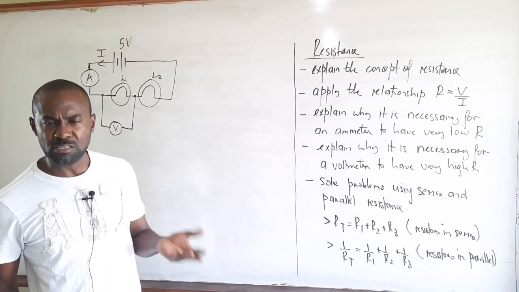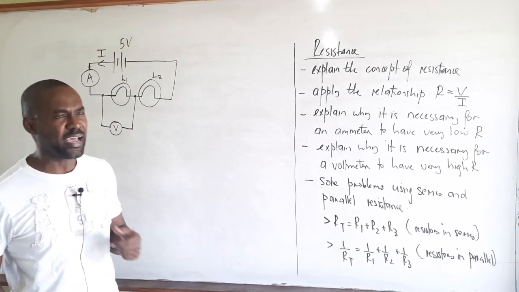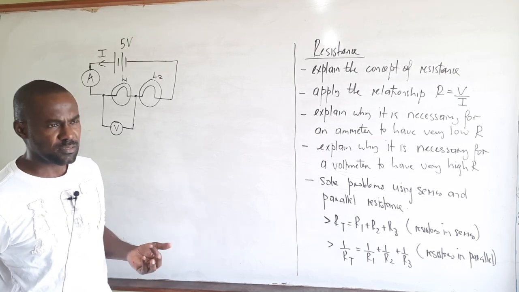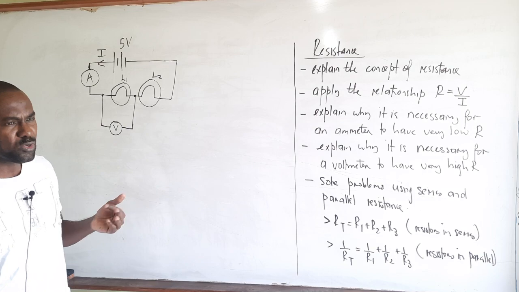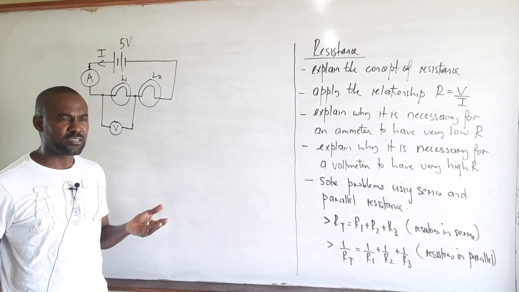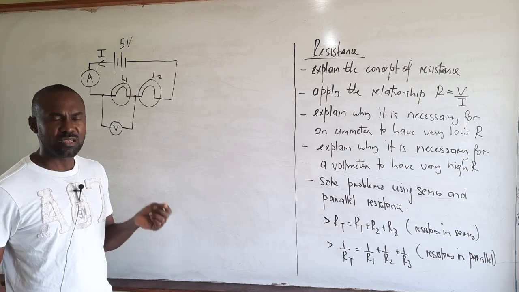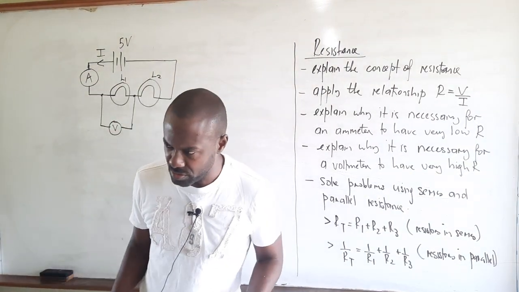So they never have zero resistance, but they do have low resistance, right? So once again, ideally, an ammeter ought to have zero resistance, but in practice, it has low resistance because we need to be able to measure the entire current, or as close to the maximum current flowing in the circuit, using the ammeter, right? So that is why ammeters need to have very low resistance.